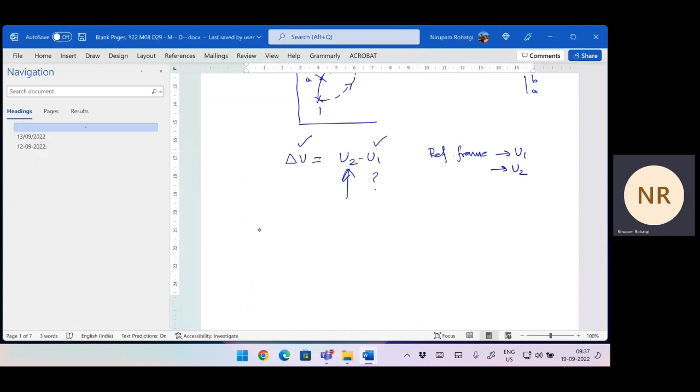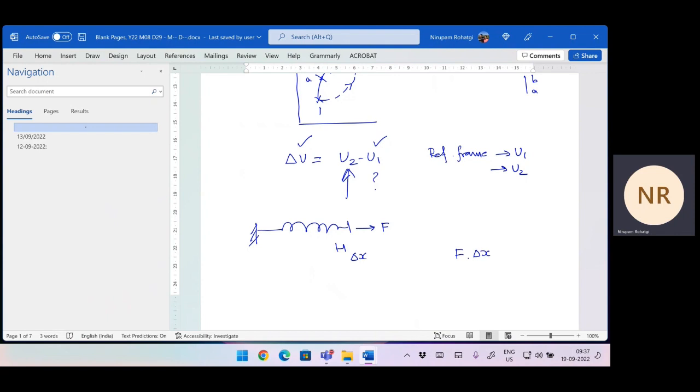Suppose this is a spring here, and you apply force F here, and the displacement is delta x. So the work you are doing is F into delta x, okay. But when we apply F delta x, what will happen?